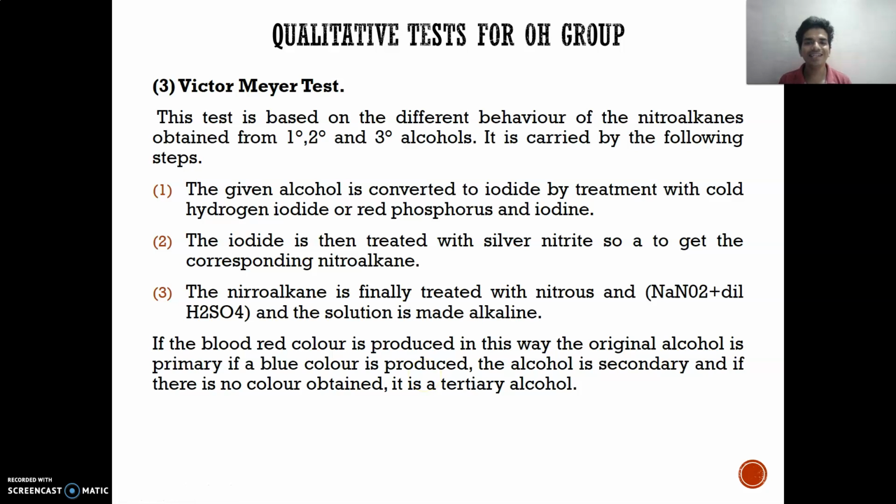If a blood red color is produced, the original alcohol is primary; blue color is produced for secondary; if no color is produced, it is tertiary. So this is the Victor Meyer test. The color gives the proper indication of primary, secondary and tertiary: red for primary, blue for secondary and colorless for tertiary alcohol.